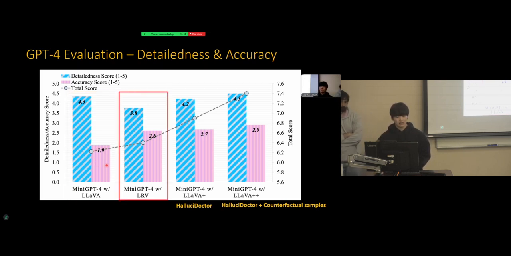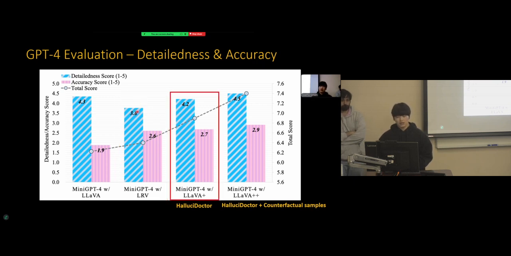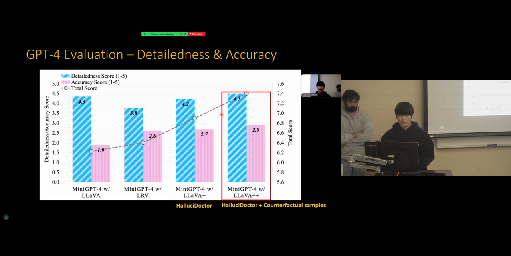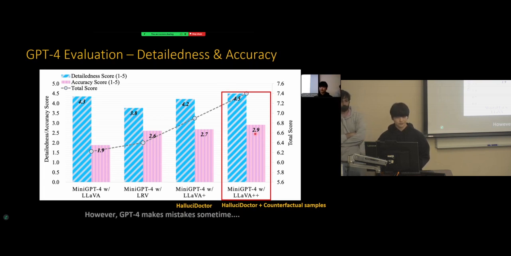And also, using another model like LRV can reduce a lot of hallucinations, so you can see this trend. But this model showed the tendency to oversimplify the generated sentences. On the other hand, LLaVA+ can not only maintain the detailedness but also increase the accuracy score. Finally, LLaVA++ achieved the highest detailedness score as well as the highest accuracy score.